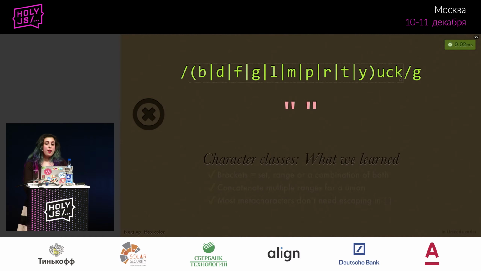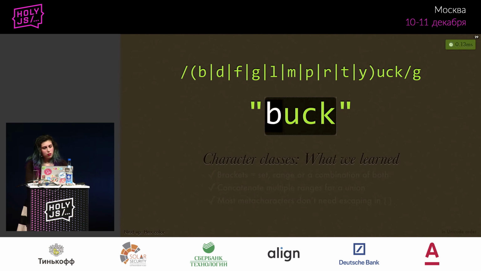So here we have a regular expression that matches things like buck or duck and many other similar words. So in this case, there is a way to write this in a less unwieldy way called a character class.